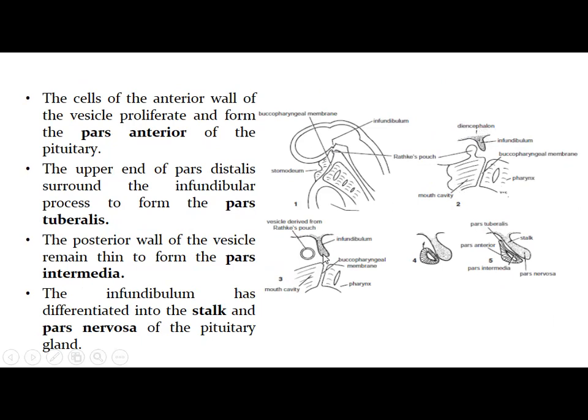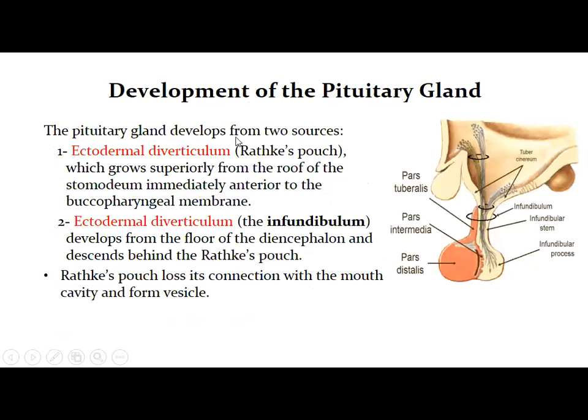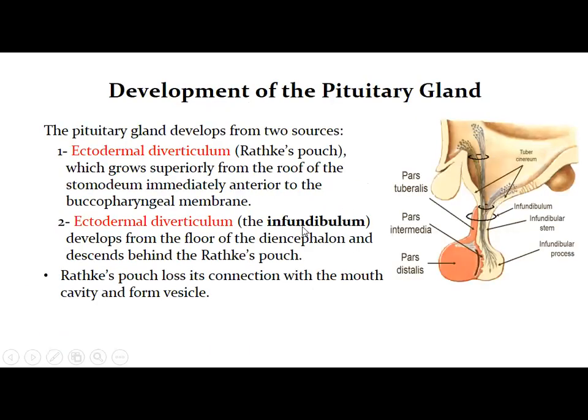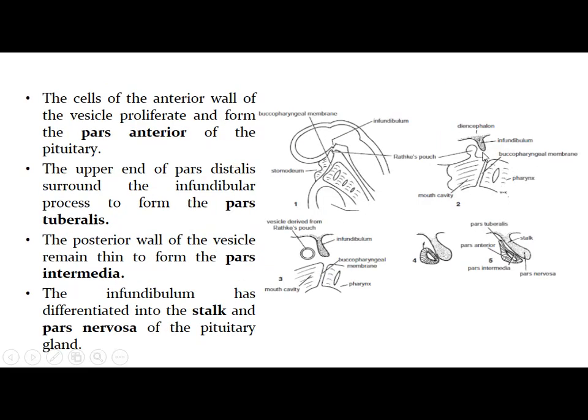It's still in contact. The infundibulum grows down, and this develops into the pars nervosa, the posterior pituitary. So the diverticulum from Rathke's pouch forms the anterior pituitary, and the part coming from the brain goes behind Rathke's pouch and forms the pars nervosa.